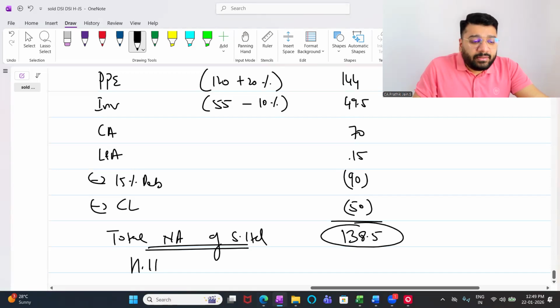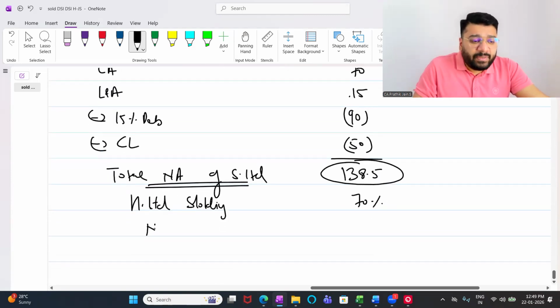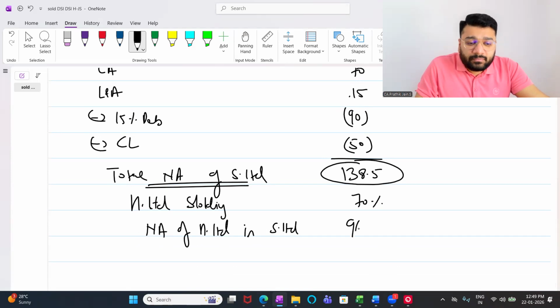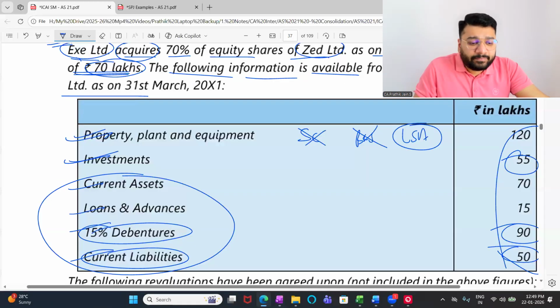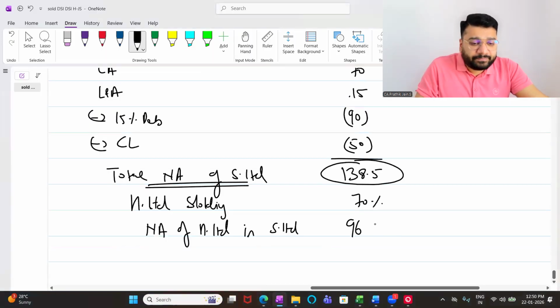H Limited's holding is 70%. So what is the net asset of H Limited in S Limited? 96.95. Very good.